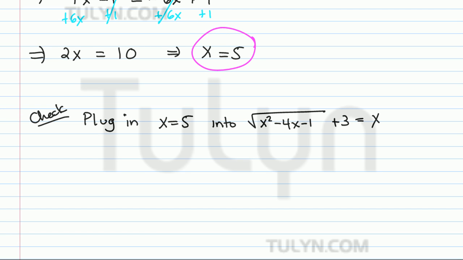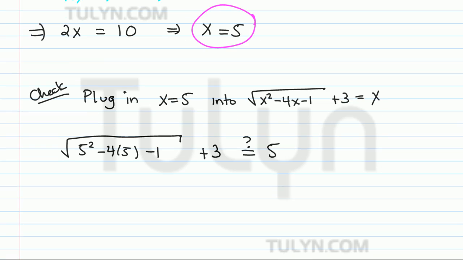So now replacing all the x's with 5's, we get the square root of 5 squared minus 4 times 5 minus 1 plus 3, and we want to see if that's equal to 5. And the way we show that we're just checking is by putting a little question mark over the equal sign.